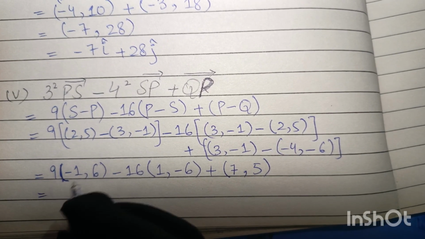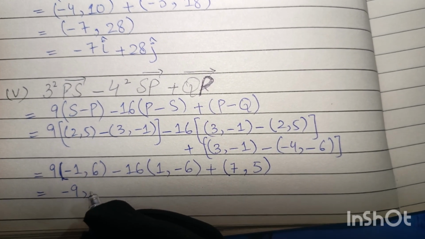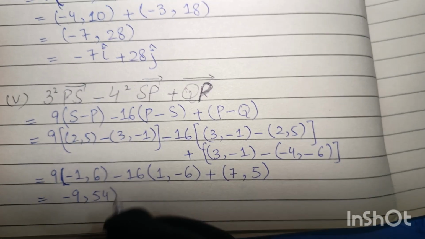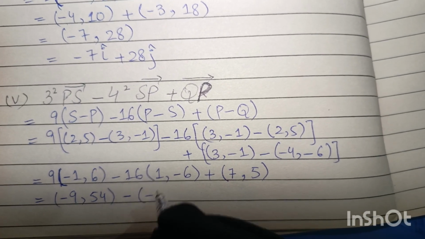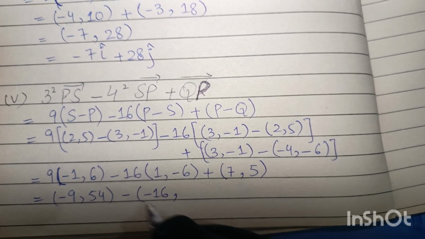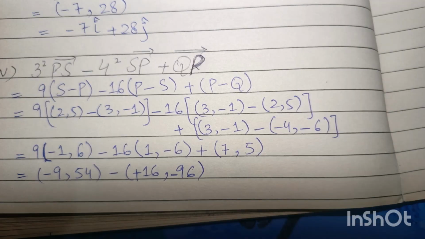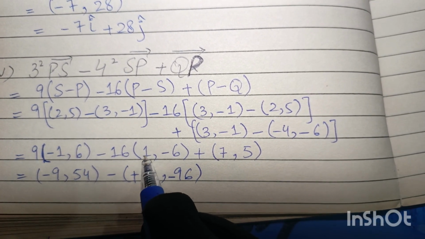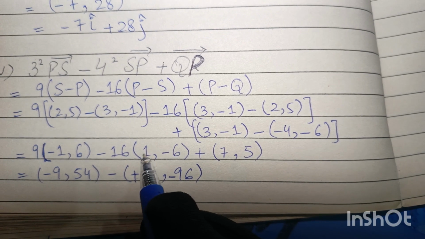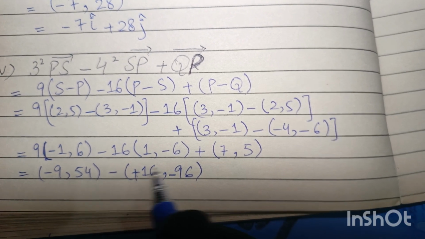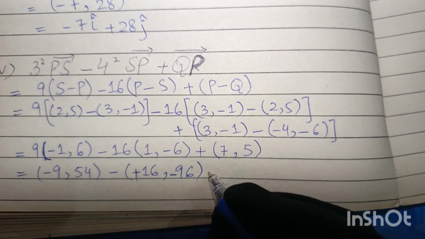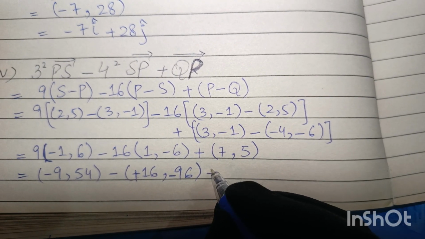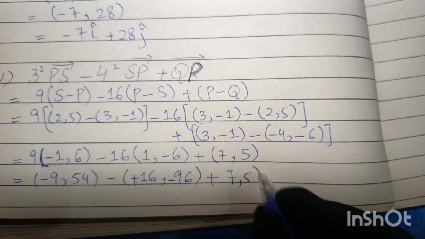So 9 will be multiplied inside, that is -9, and 9 times 6 is 54. Minus 16, and since minus is written here, the same sign will be written here. 1 is plus 1, so plus 16, and -6 means -96. And next is (7, 5) as it is.